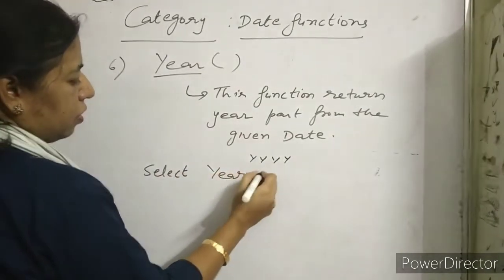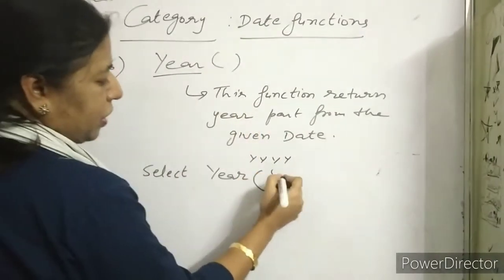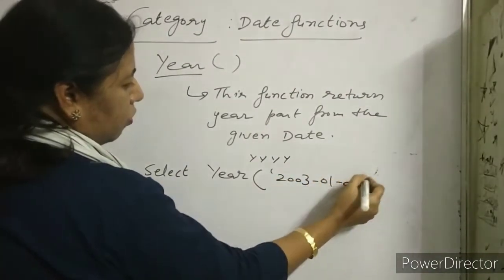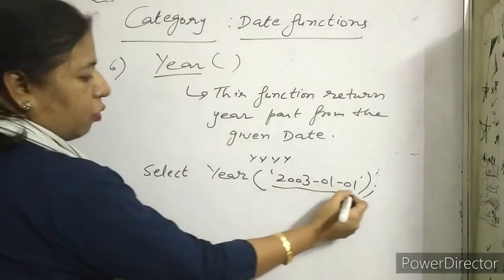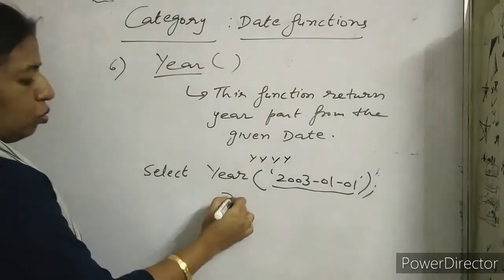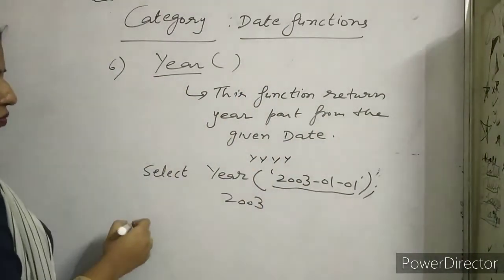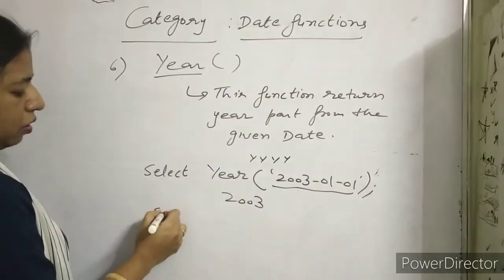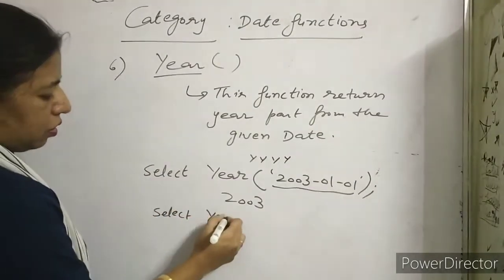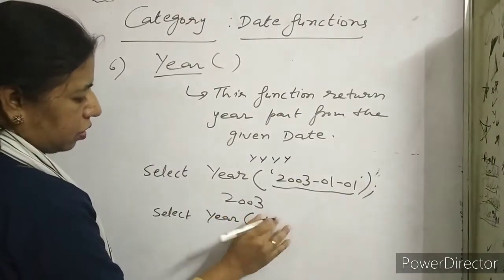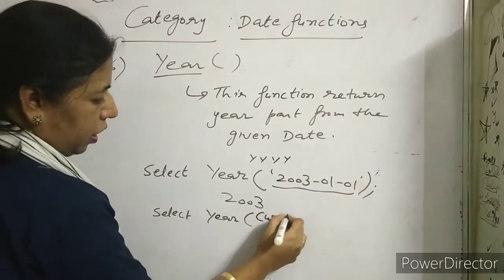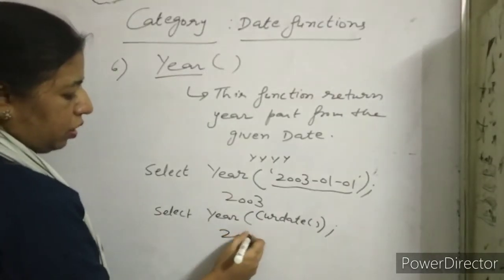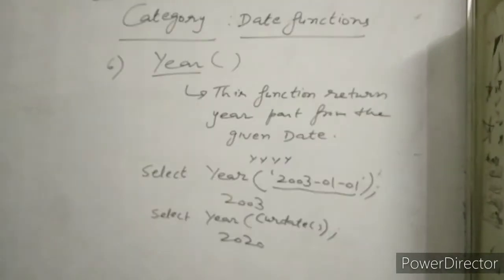Select year. If I have specified the date myself, what will you get? 2003. If I am using the current date, suppose I am using select year current date, what will you get? 2020.